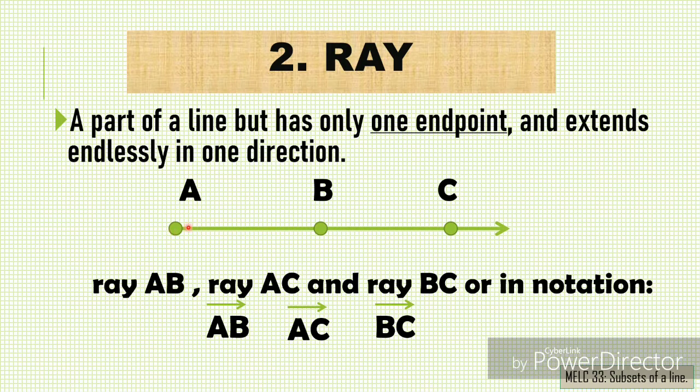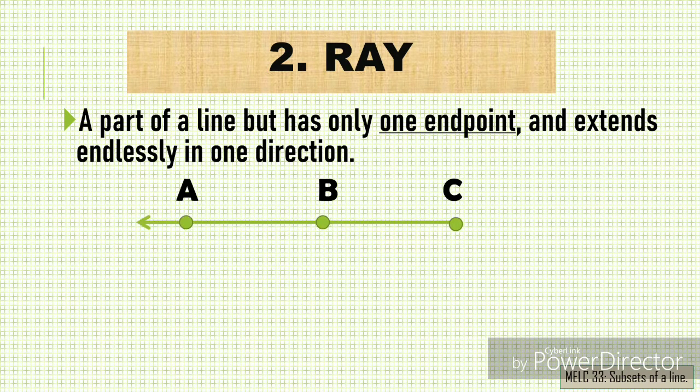Kasi yung A is not the portion na na-extend. Do you follow? So, ulitin natin ha, kapag pinangalanan ang ray, kailangan yung unang letter na babanggitin mo ay yung point na nagre-represent sa endpoint. At ang second letter ay yung nagre-represent sa portion na na-extend. Do you follow? Good. Let's have the next one.